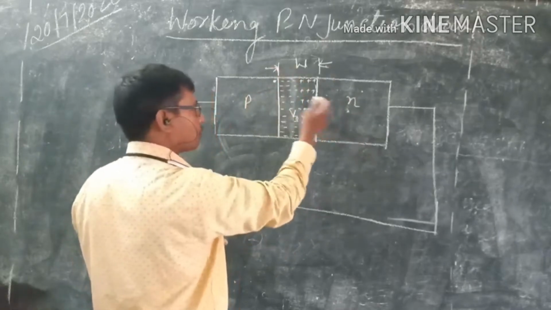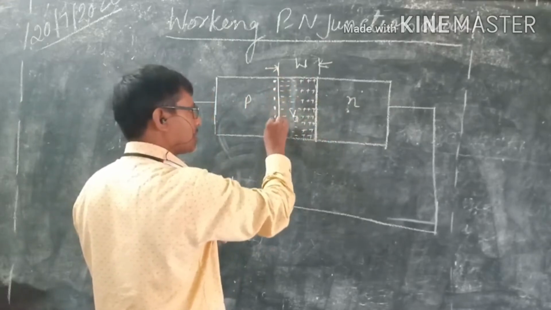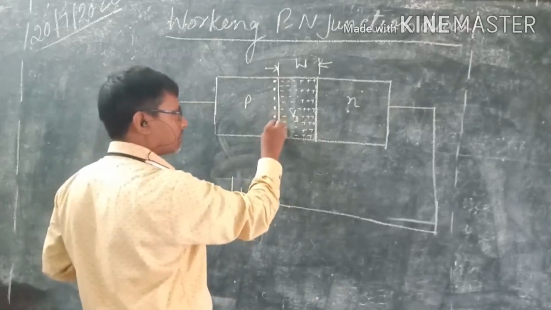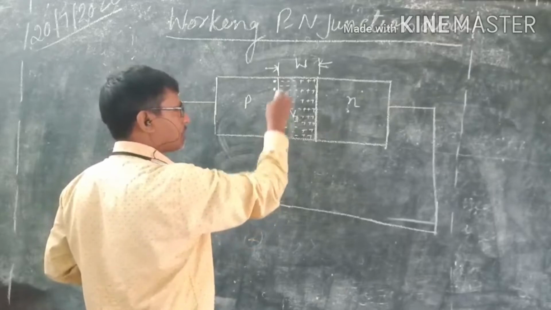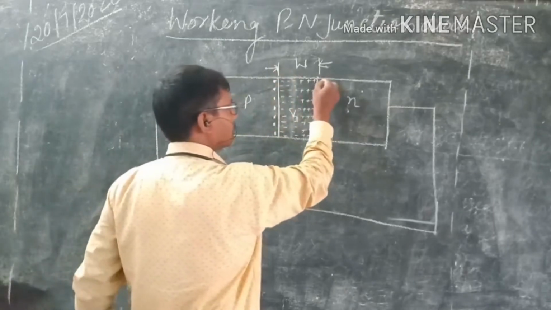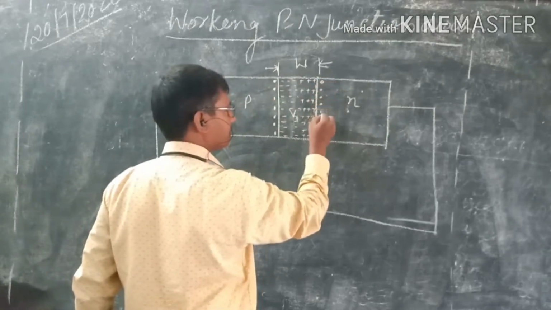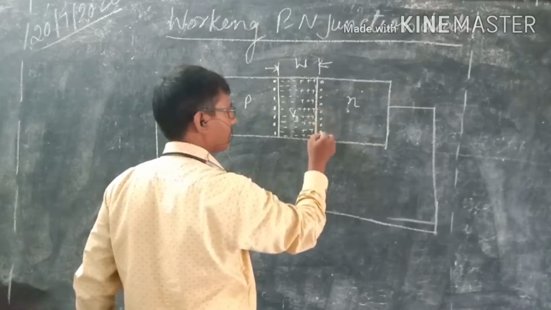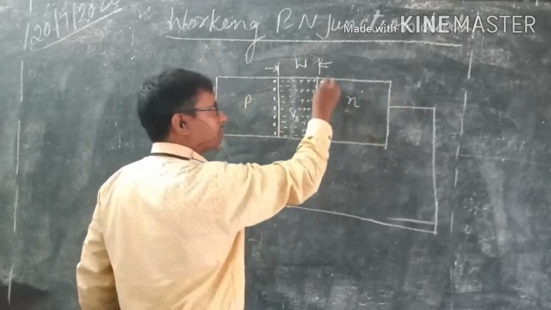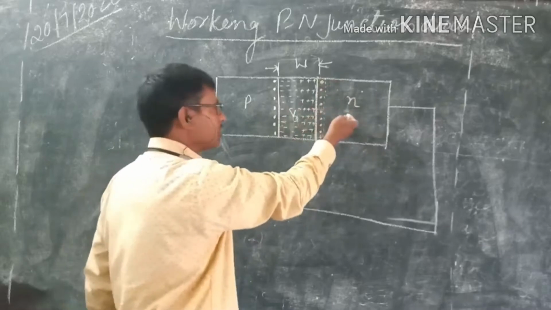Now, as soon as the electrons cross this depletion region, there becomes some concentration of electrons at the edge of this junction, and here there becomes a concentration of holes at this end. Some holes have been injected in this N region.